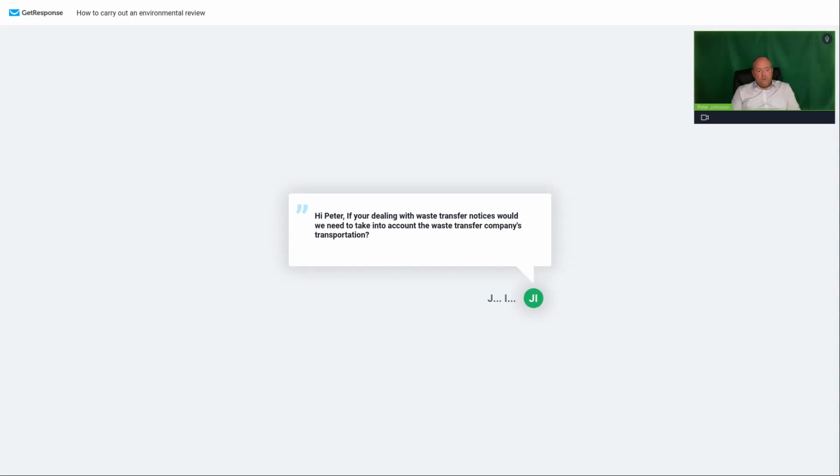If I was a firm of accountants working from a small office and I had my waste collected by somebody, then I would definitely be considering their transportation, because relative to how, as an organisation, I'm affecting the environment, it's a significant portion of it. So yes, I would normally say take it into consideration unless you've got other things that completely outweigh it.